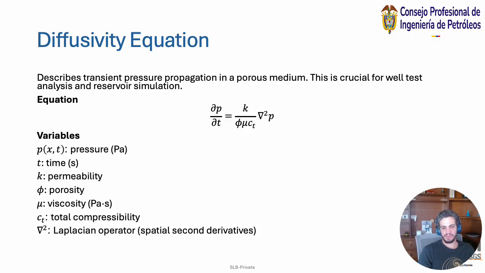In the previous part of the lecture, we talked about oil compressibility, but here we're looking at the total compressibility, which includes both the fluid and the rock. And like I mentioned, that gradient squared p is this Laplacian operator, which is the sum of the second derivatives, right? So now let's move to the derivation.